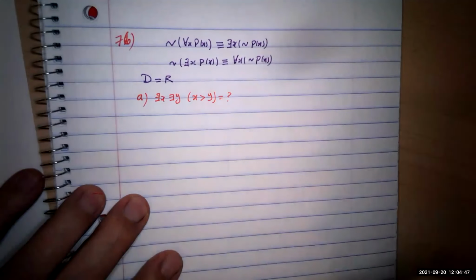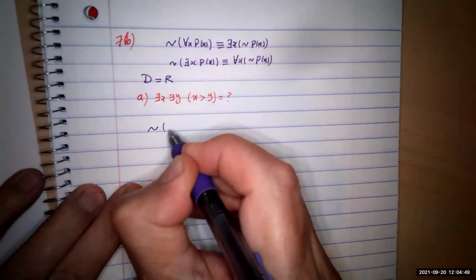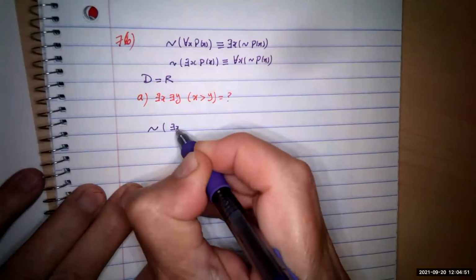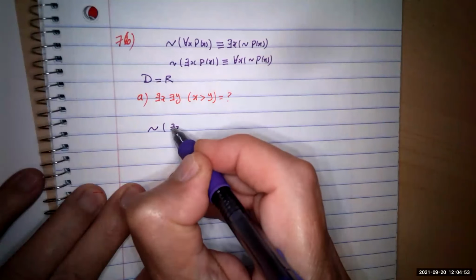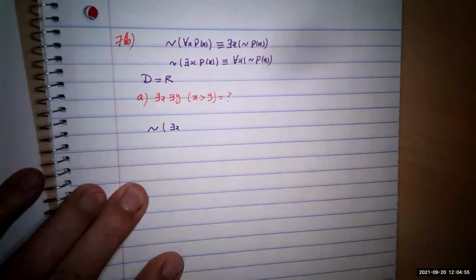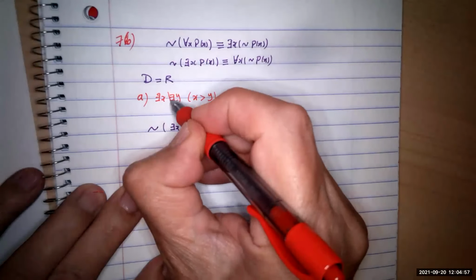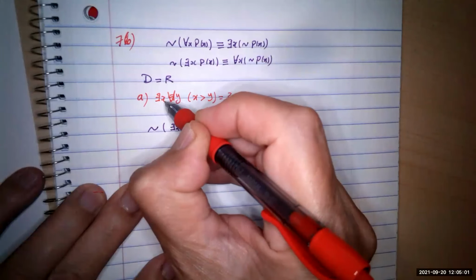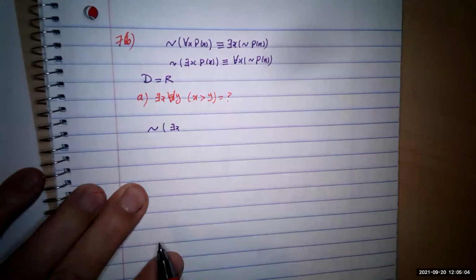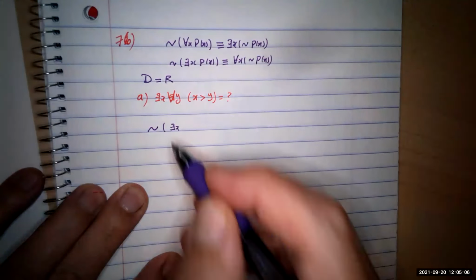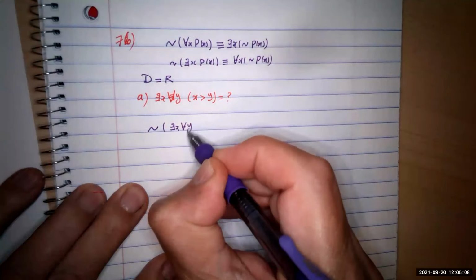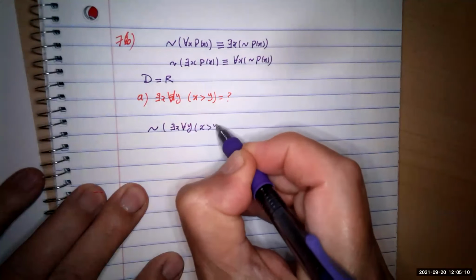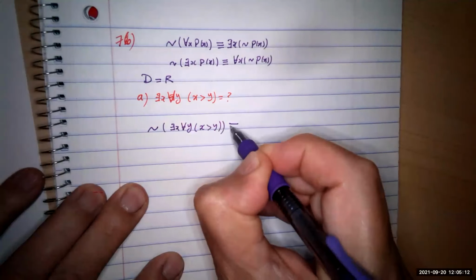This is the way you write it down. The negation of there is an x, for all y, x greater than y. Yes, thank you.